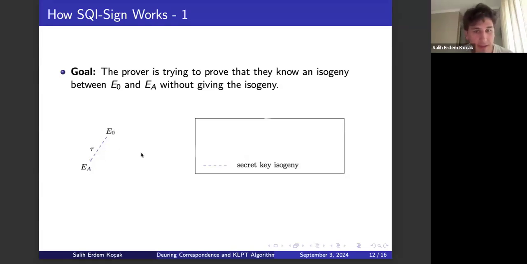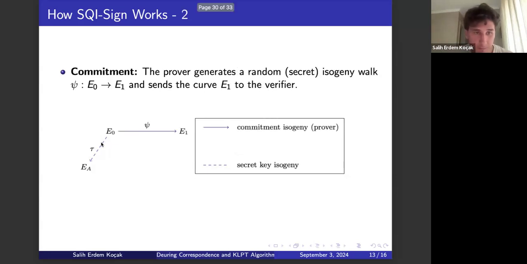So we have E0 and EA, and we have the isogeny tau. What the prover does here is first compute a random isogeny from E0, let's call it psi, going to a random elliptic curve E1. They keep this psi secret, and send E1 to the verifier.